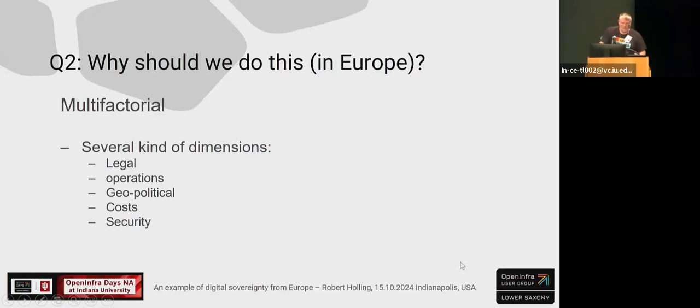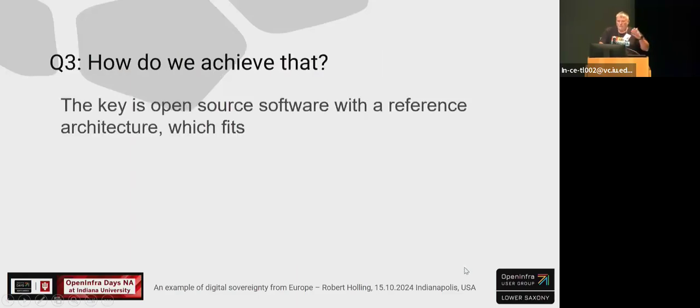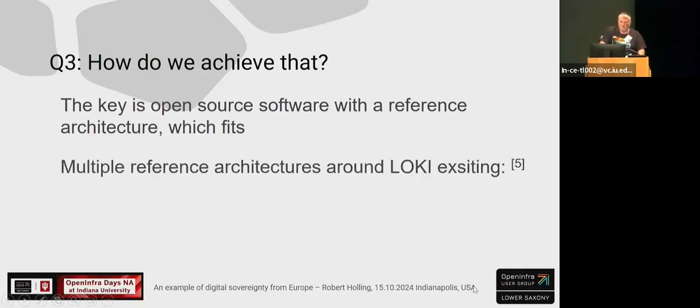And how do we achieve that? Another reference architecture. The key big surprise for us here is open source software, the standards that are represented by reference architectures, or better, based on standards, which result in those architectures. There are multiple reference architectures existing locally.